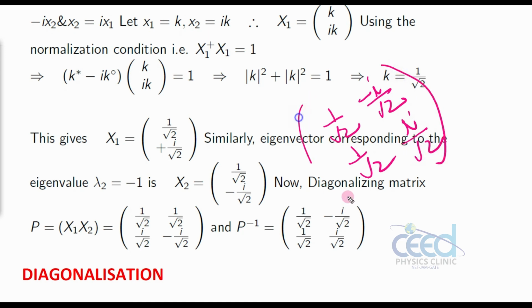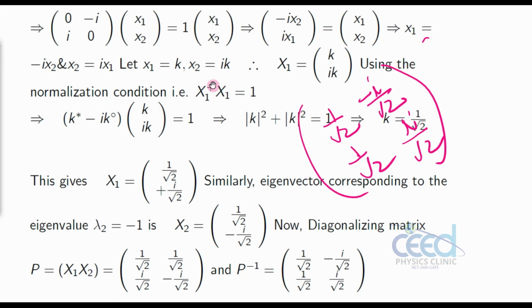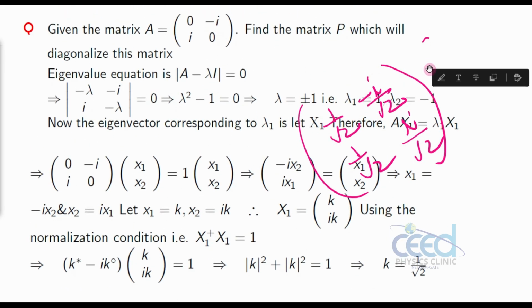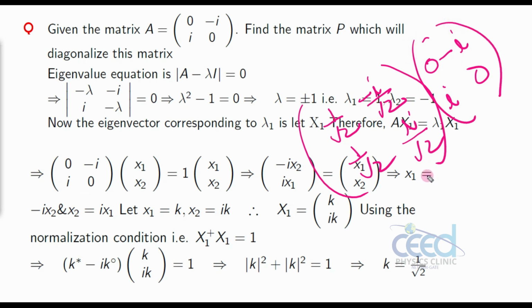That is P inverse into this particular matrix. What is this particular matrix? That is our A, that is 0 minus i, i 0, and then P. What is P?